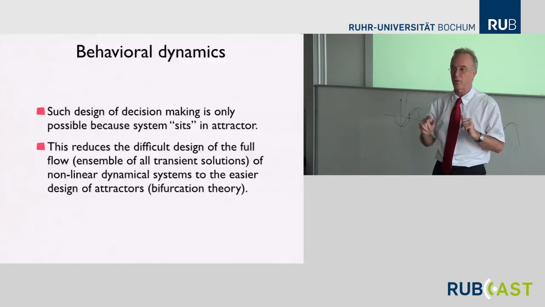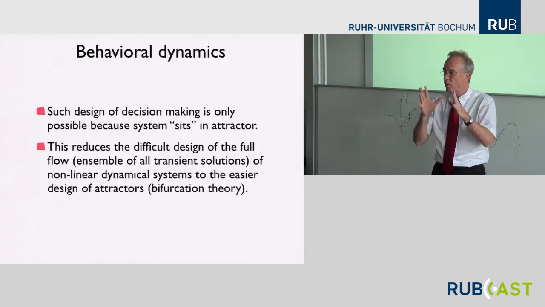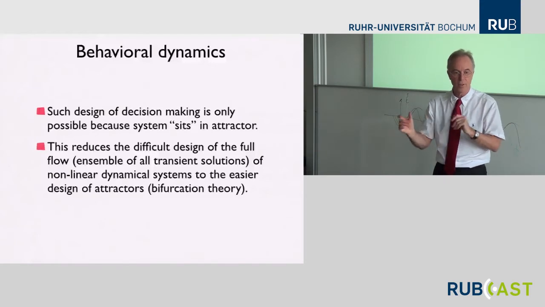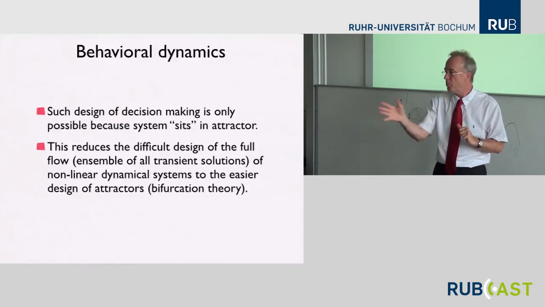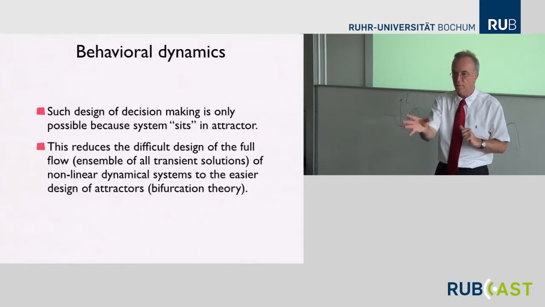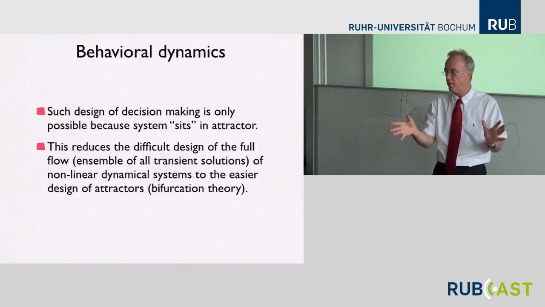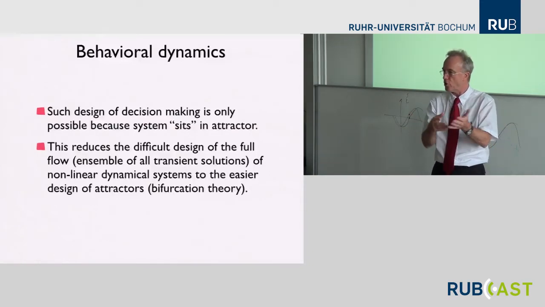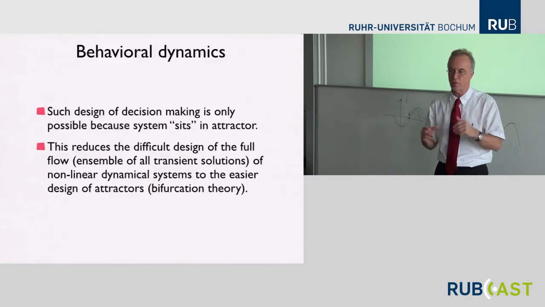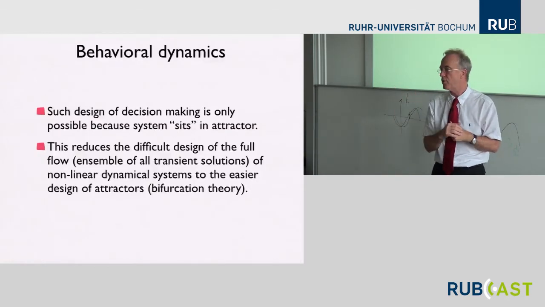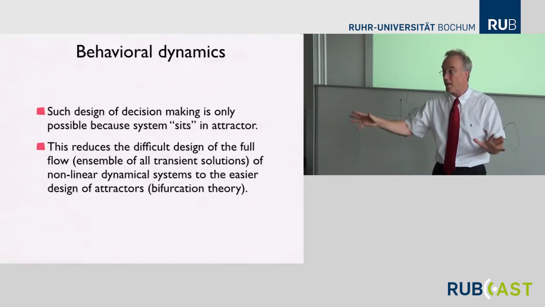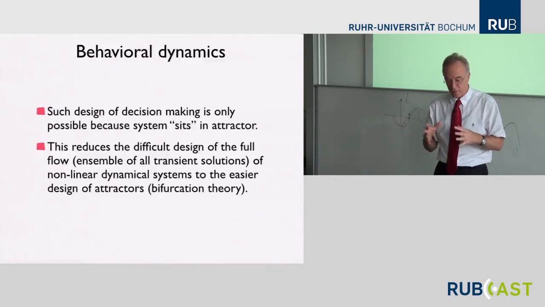That's the point I'm making on the slide, because we only need to design the attractors. We just move to the attractor, so in between we just make sure that we move fast enough to the attractor, and then we design the attractors with a bifurcation, right? Make sure that only the right attractors are around, much easier than the potential field approach, where you have to design all the transients as well. So that's very, very desirable.